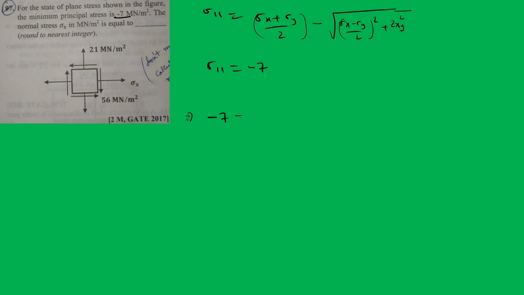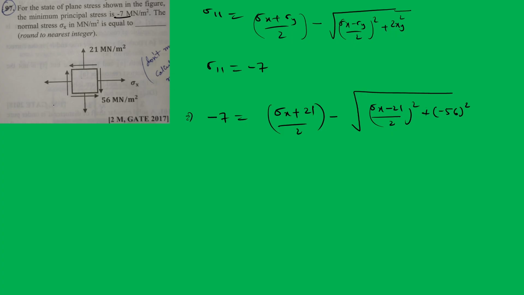Minus 7 is equals to sigma x plus 21 by 2 minus under root of sigma x minus 21 by 2 whole square, plus, and this would be minus 56 whole square.